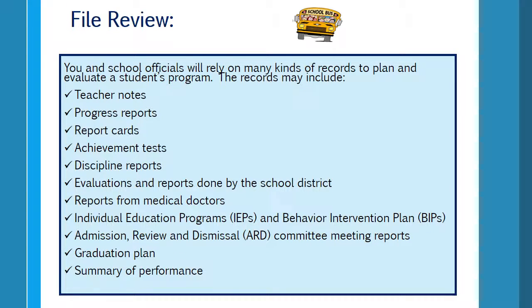Report cards, achievement tests, discipline reports, and evaluations and reports done by the school district may be there. Here might be the speech and language evaluation as well as other evaluations like the psychological, and other special education documents, and sometimes something called an eligibility report, although that may be called different things in different school districts.